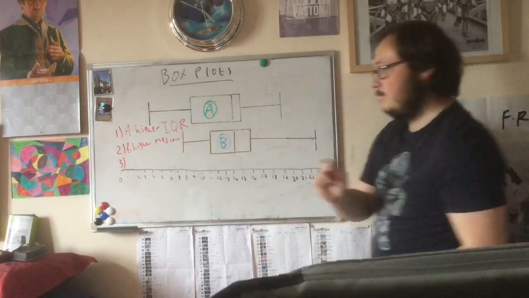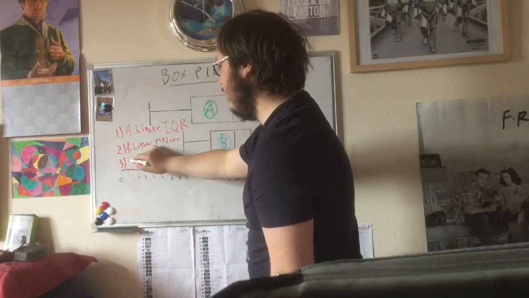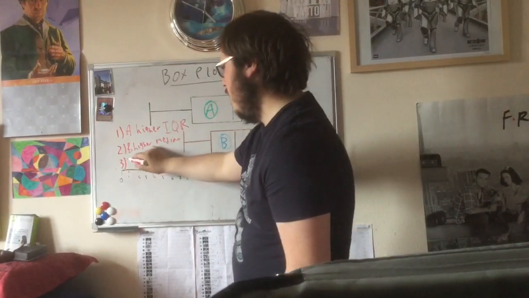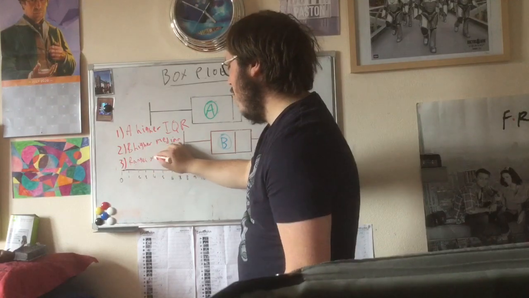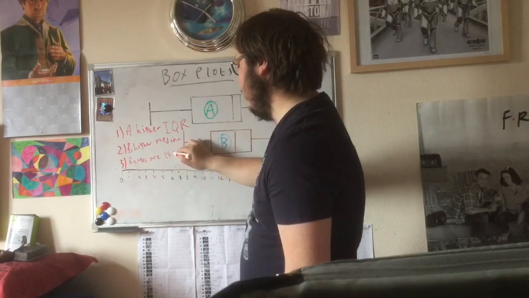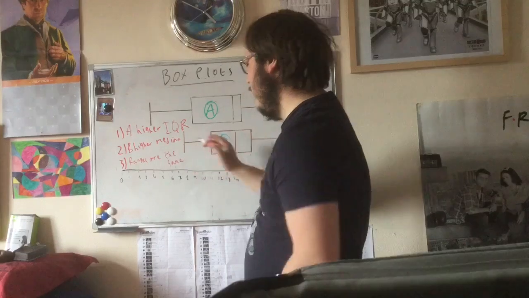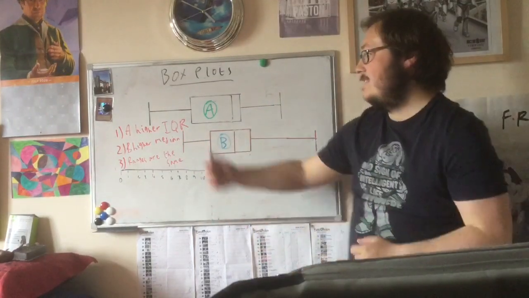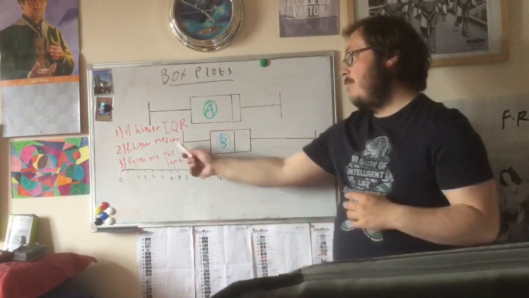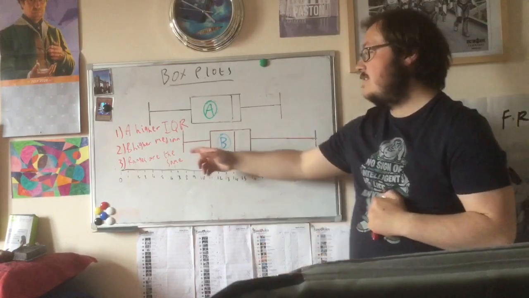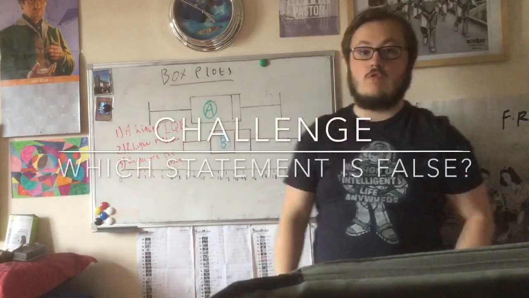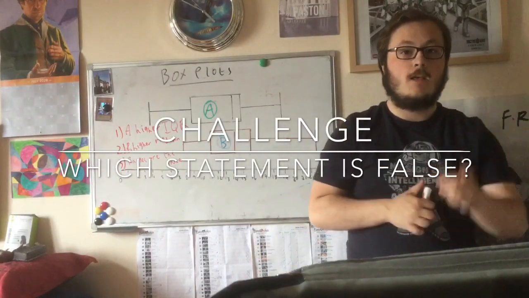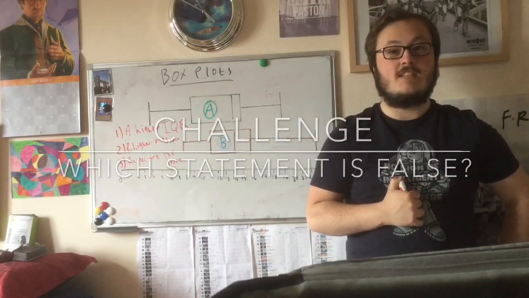And fact number three, the ranges are the same. So, A has a higher interquartile range, B has a higher median, and the ranges are the same. One of those is not true, the others are. Good luck with this. I'm looking forward to seeing what you're doing.